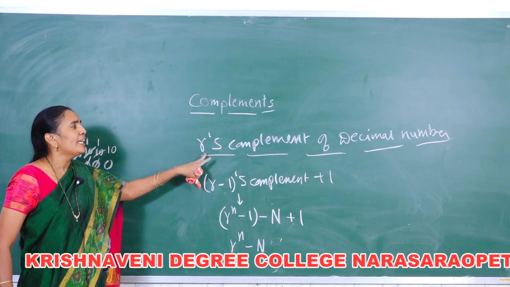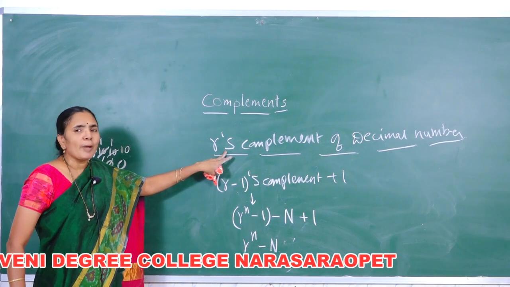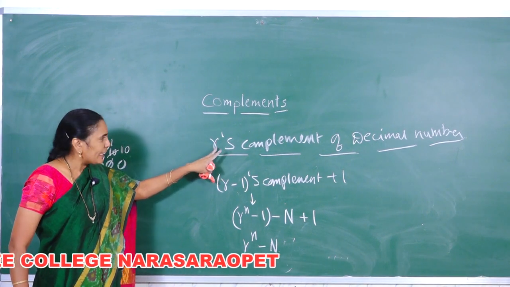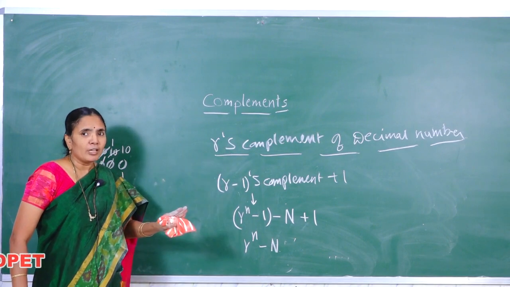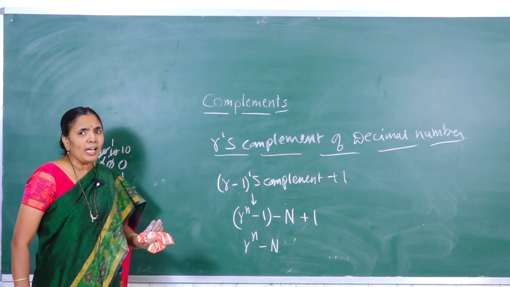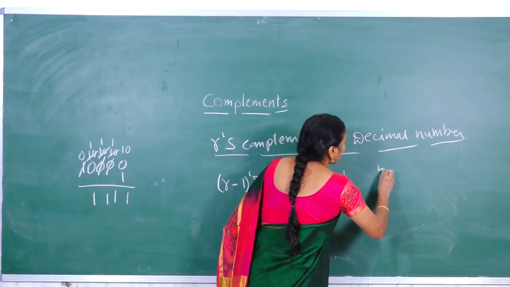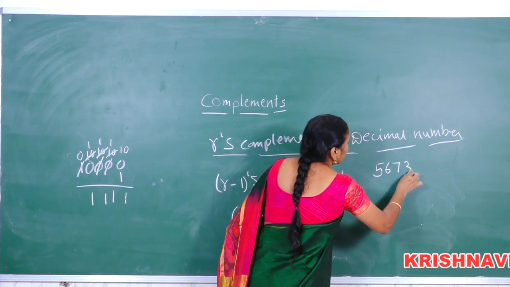When we want to get the r's complement of a decimal number, which is nothing but the 10's complement, we have to add 1 to the 9's complement of the number. Let us take the number 5673.